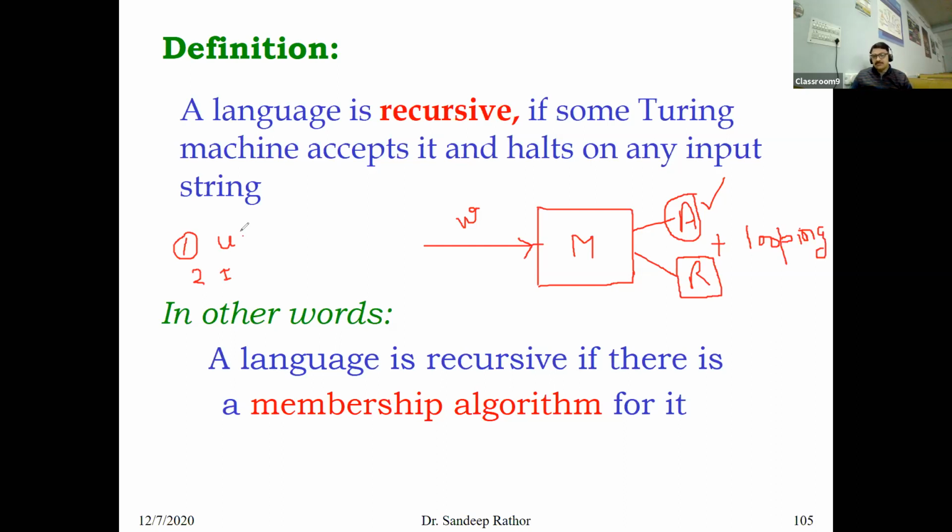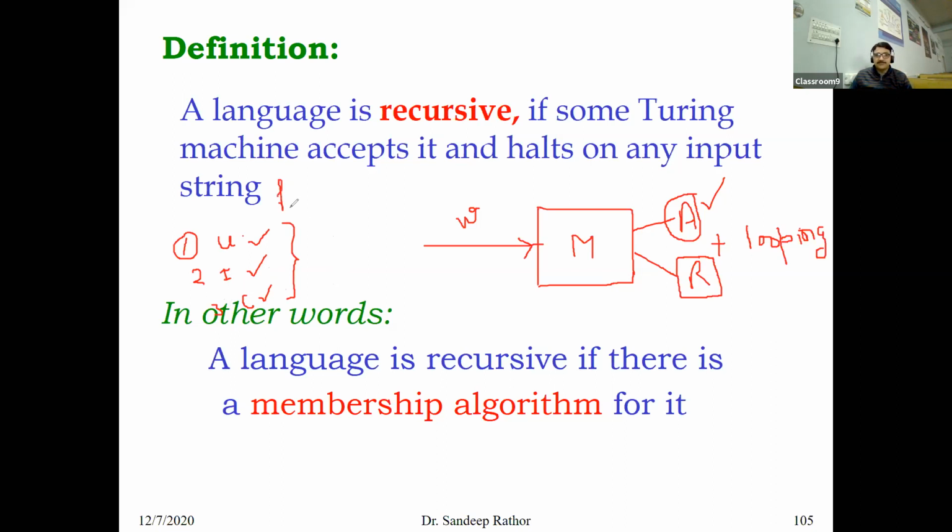You can note down this very important point: recursive languages are closed under union, under intersection, and under complementation. But recursively enumerable languages are not closed under complementation.